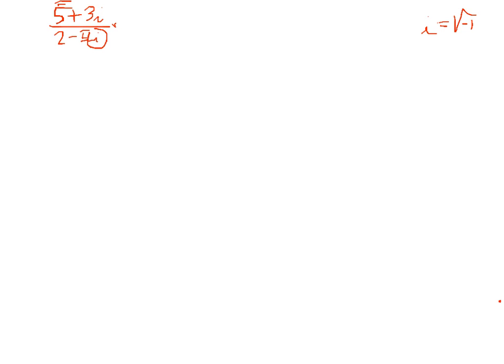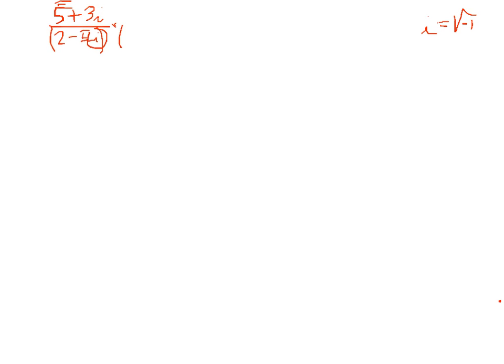When you have a binomial denominator, notice this is a binomial, if you try to multiply by i to get rid of the i, it's not going to work, and I don't want to spend a lot of time right now showing you why it won't work. I'd rather show you what does work.